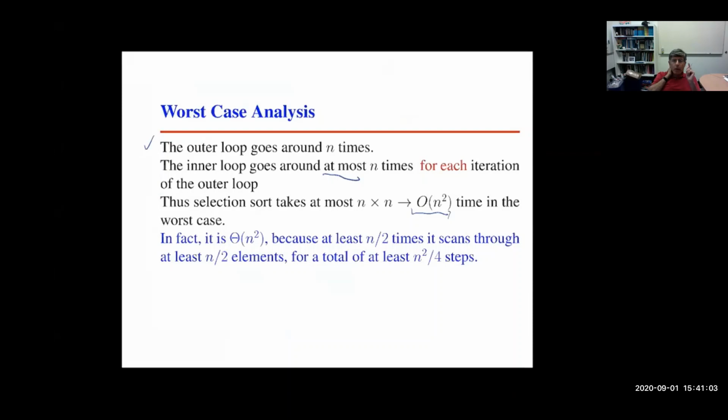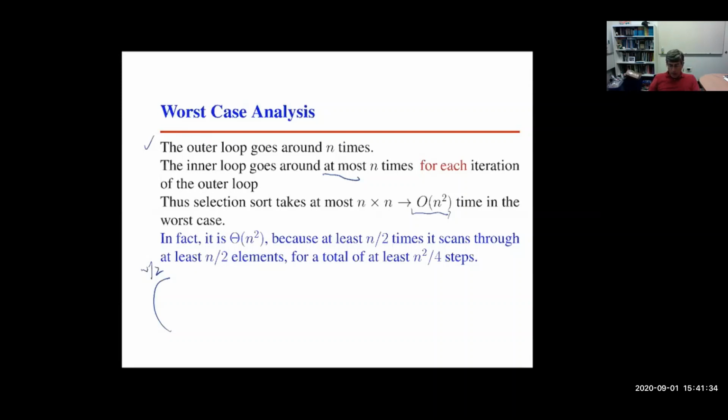One way to argue it is that for the first n over 2 times through the outer loop, the inner loop was going around at least n over 2 times. If we think about it, the first n over 2 iterations of selection sort are the expensive ones. Each one of them required scanning through at least n over 2 elements to get the min.